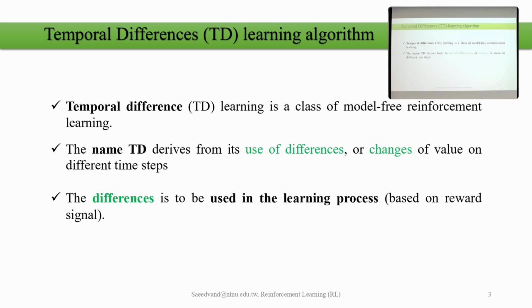The name temporal differences comes from using the differences or changes of the value that we have. So the name almost declares what we are going to do. We are going to care about the differences of the value that is happening during time.